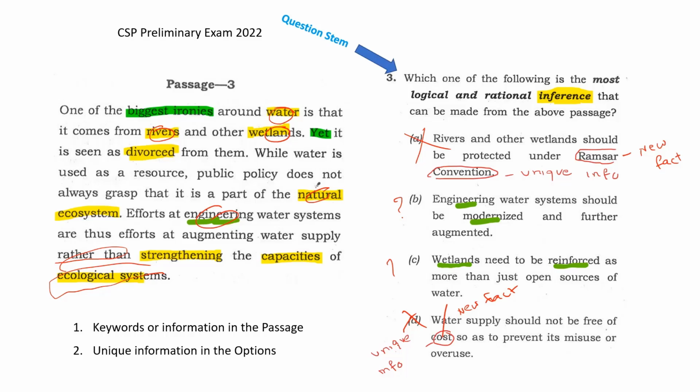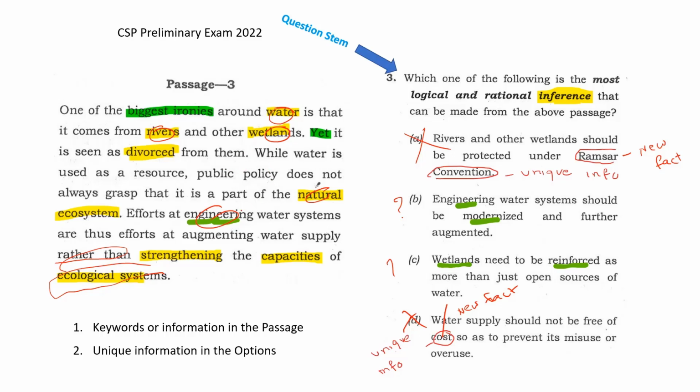Now between B and C, I said to choose the best option. Look for a statement that is just the restatement, saying the same thing in a different way. So what is the inference we made? Our inference for this passage is that we should strengthen the capacities of ecological systems. When I say ecological systems, what are they here? The rivers, wetlands. Why should we strengthen them? Because water comes from here.